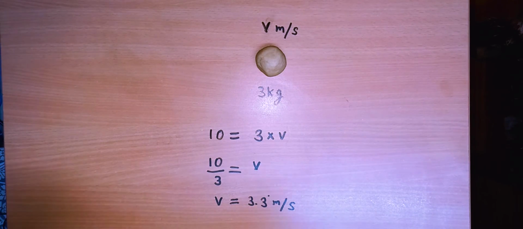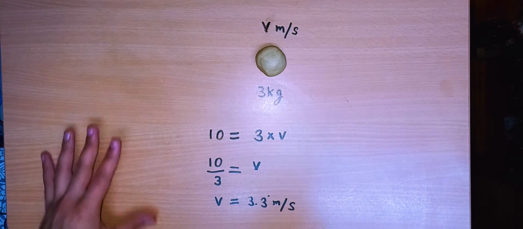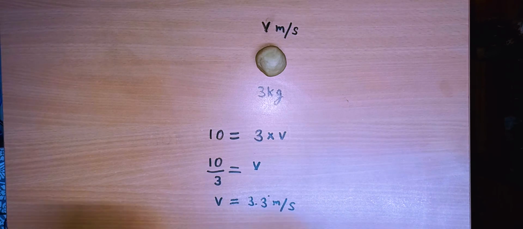Even then I can use the law of conservation of momentum to find one of the velocities if I know the other, after the collision or even before. Only one unknown should be there. So this is how we use it in this question.